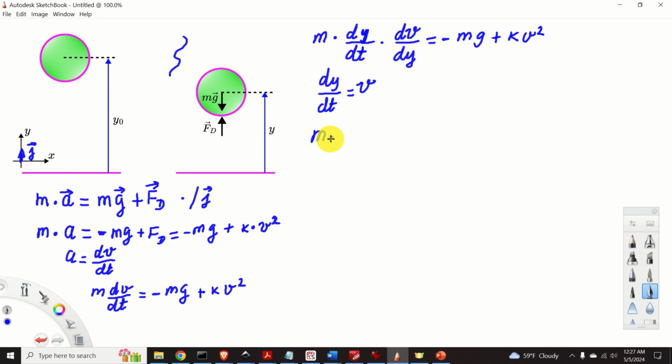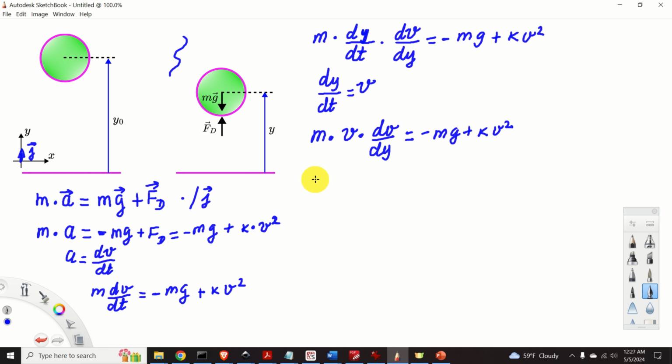Consequently, we obtain mass times velocity multiplying the derivative of velocity with respect to the height y is equal to minus mg plus kv squared. Okay, now we will move this term over here to the left side, and dy we will move to the right side.